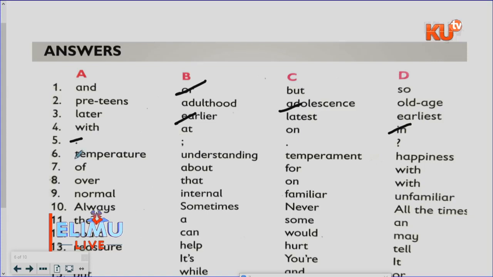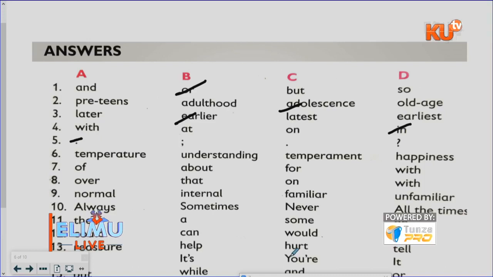That is ruled out because temperature does not influence mood and rapid changes in adolescents. Understanding? Not really. So I told you some of these things here will be testing vocabulary, and this is one proof. Temperament, happiness. Temperament is the correct choice because temperament is like mood swings.